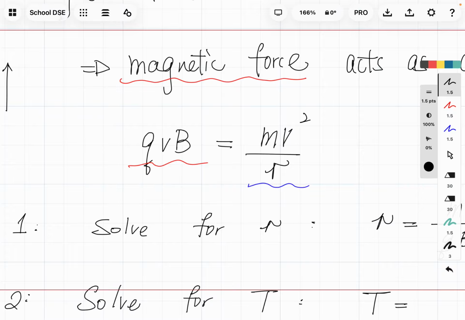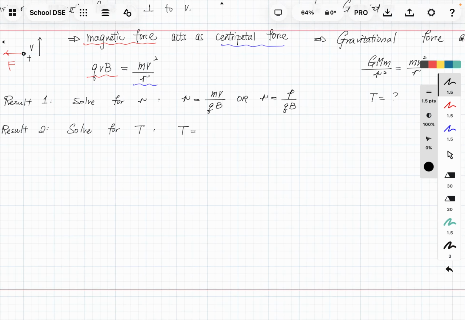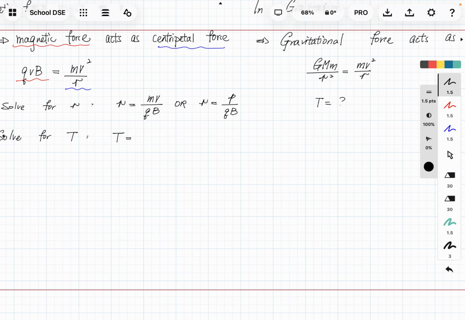So after this, we have the language now. Then we can just use the so-called Faraday's law. The Faraday's law of electromagnetic induction says that the EMF induced is equal to the negative of the rate of change of magnetic flux linkage.